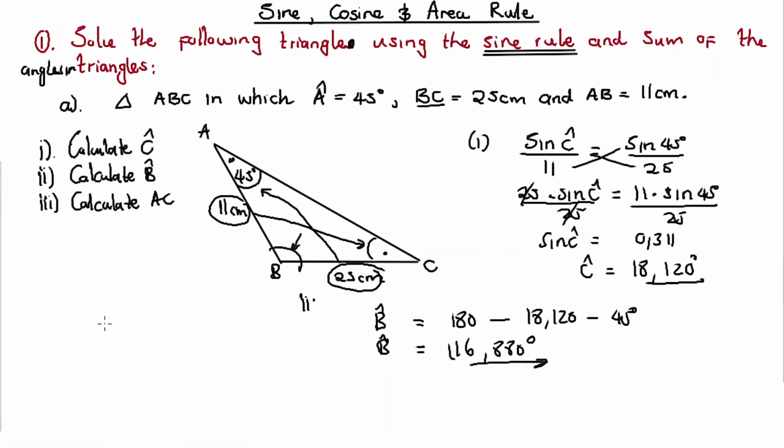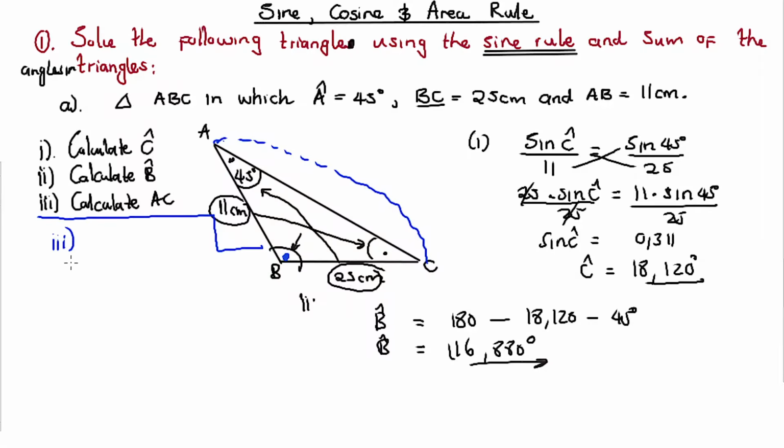Now for the last one, number 3. This also brings us back to the sine rule. I want to calculate AC. So it was important for us to know what angle B is, right?